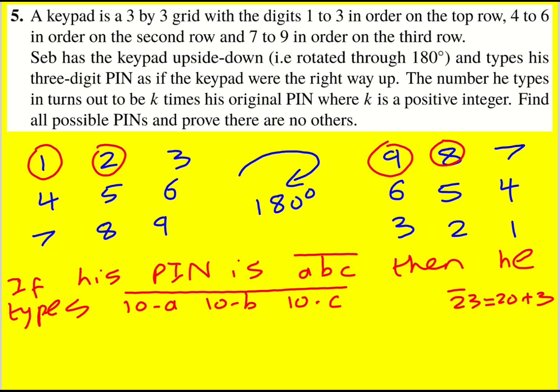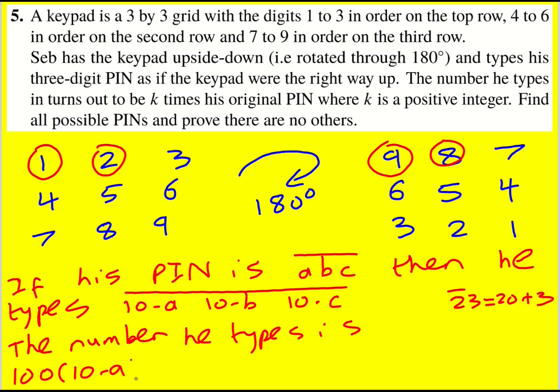Okay, so the number he types is therefore going to be 100 times 10 minus A. Because if his PIN was a 3 and he typed a 7, that would actually represent 700, because that's the first digit.